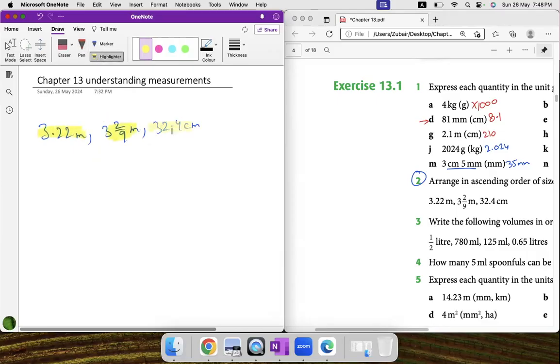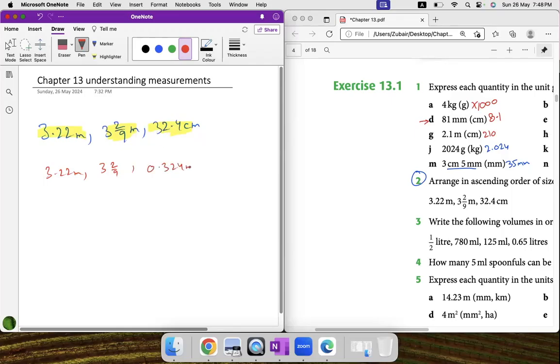In my case, I do understand them when I convert all of them into the same unit. So it'll have to be meters. Both of those are already in meters, so it's wise that we convert one of them. So 0.324 meters. Obviously this one is the smallest.